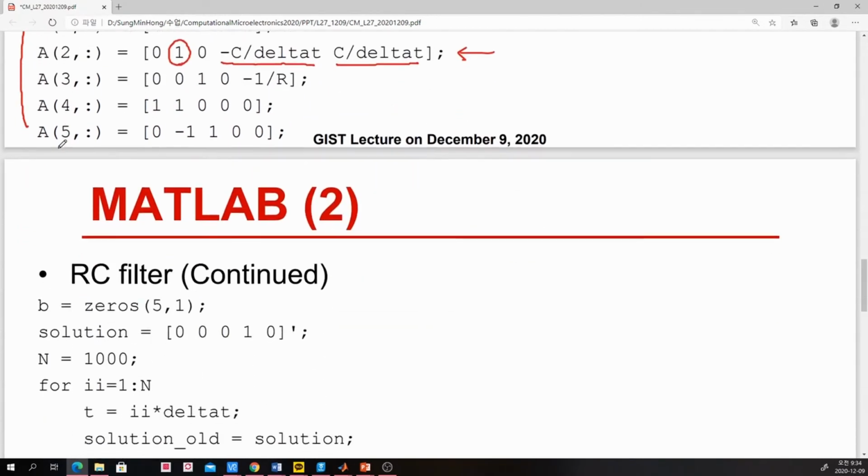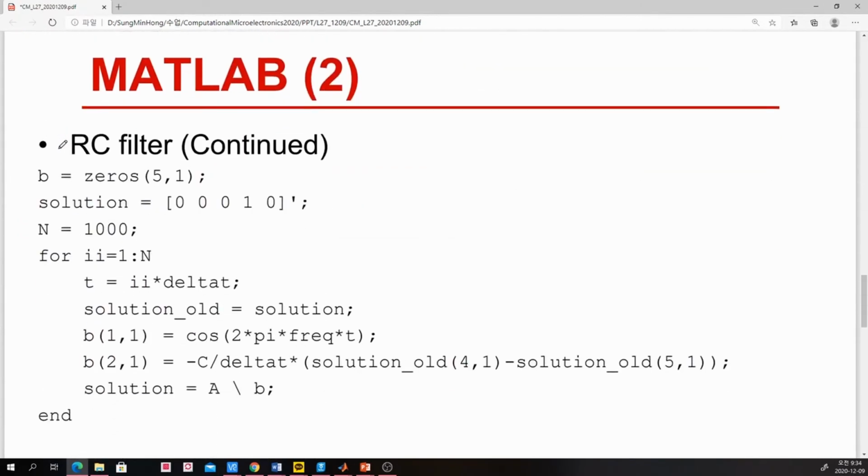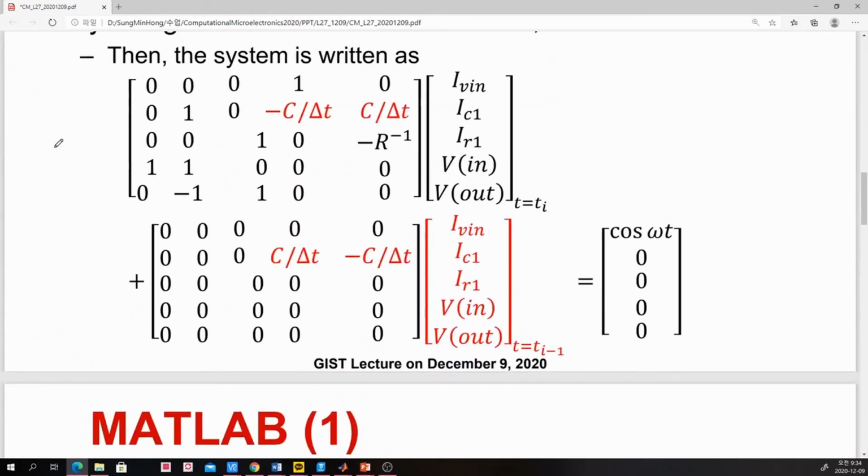Also, let's go to your residue vector. And the residue vector previously only had cosine omega t. That occurs because we have a time varying signal for our voltage source.